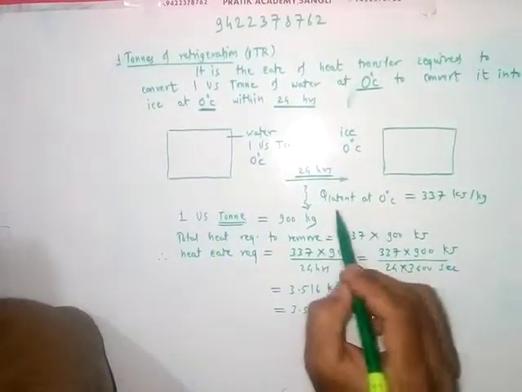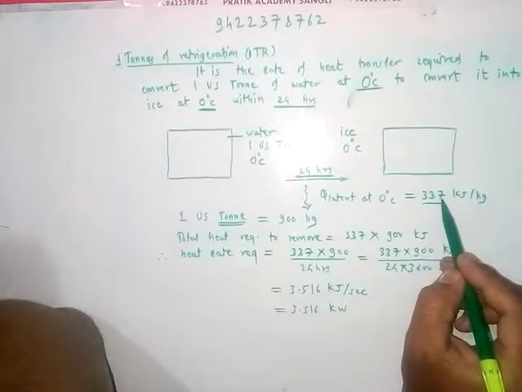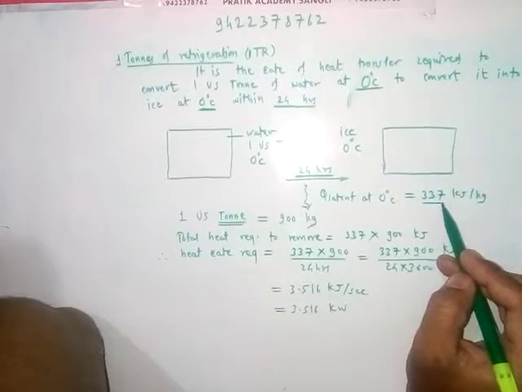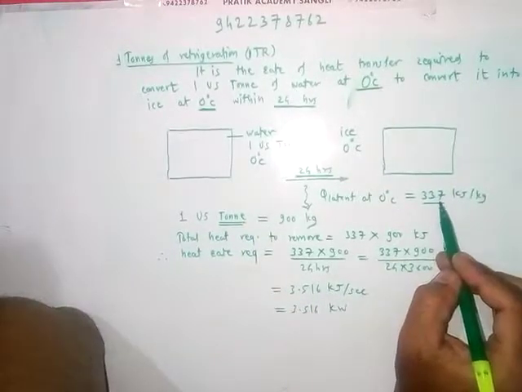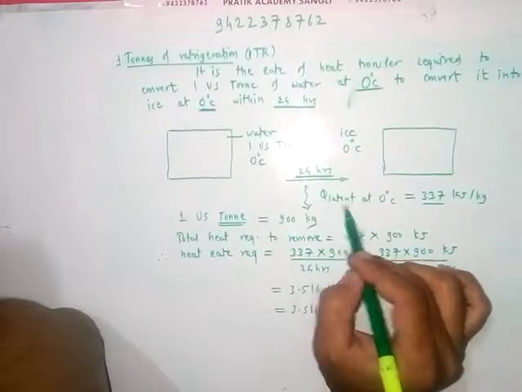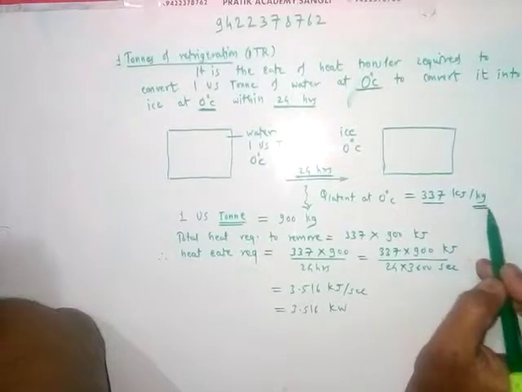This value is approximate, it can change, and there can be some differences in this figure. I have taken 337 here. So at 0 degree Celsius, the latent heat of water is 337 kilojoule per kg.